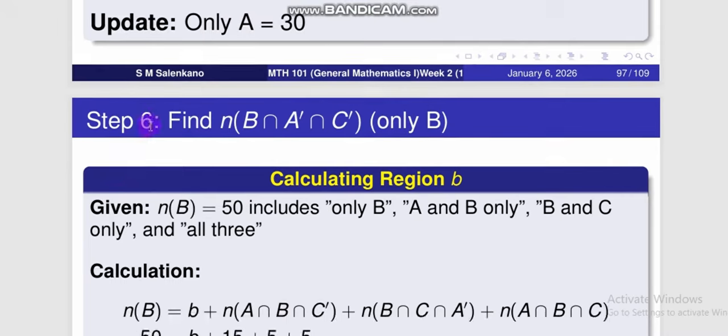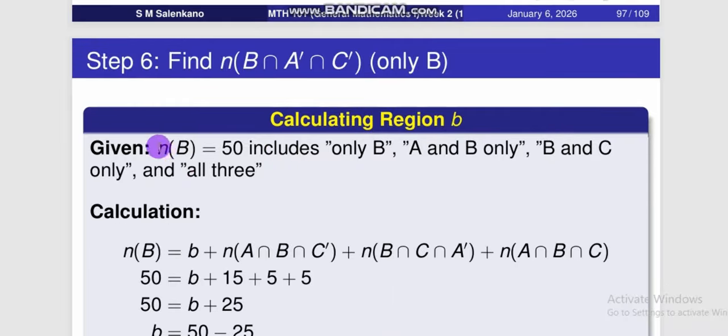The next step is to find B only, without A and without C. How do you calculate that? Calculating region B. Remember the total that you were given for those who read newspaper B is 50. This 50 includes only B, A and B only, B and C only, and all three.